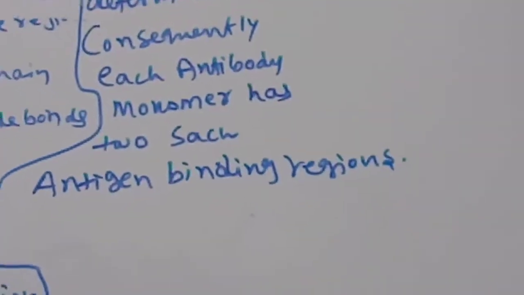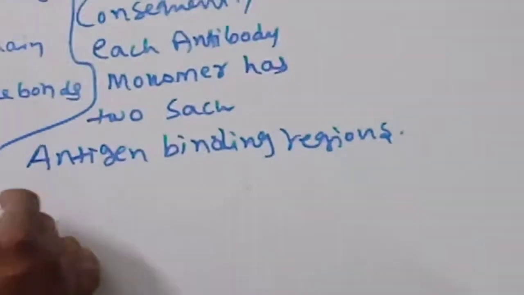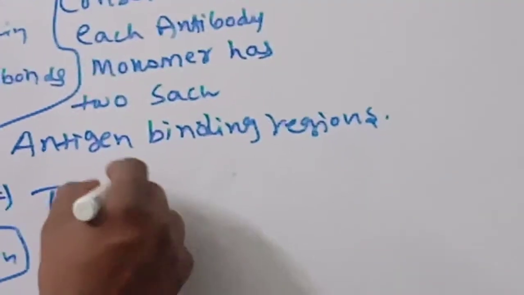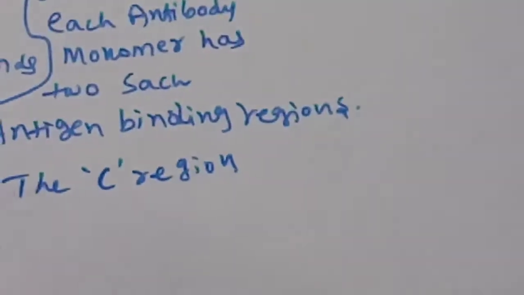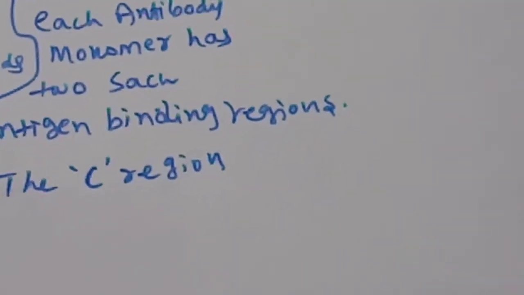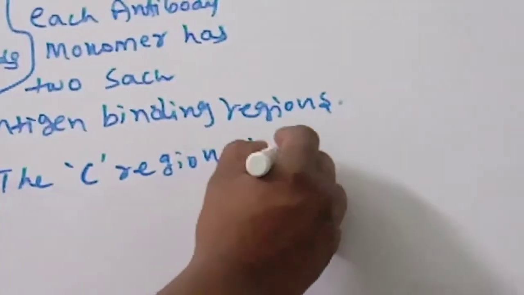Okay, regions. The C regions. The C region means constant region. This is important.